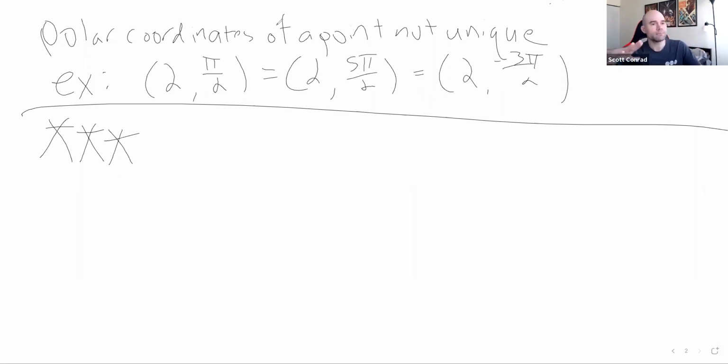If you look at a point x, y, and we describe it in polar, x is going to be r cos theta. So if we have a point r, theta in polar coordinates, and we want to write it in rectangular coordinates, the x coordinate in rectangular is going to be r cos theta. The y coordinate is going to be r sine theta.